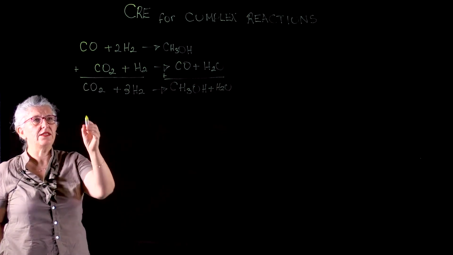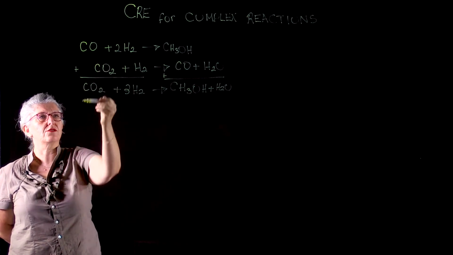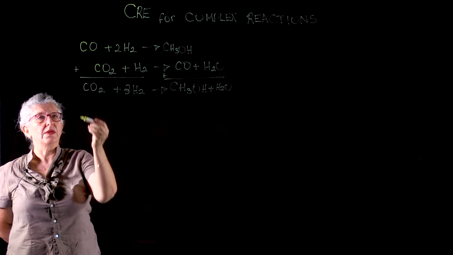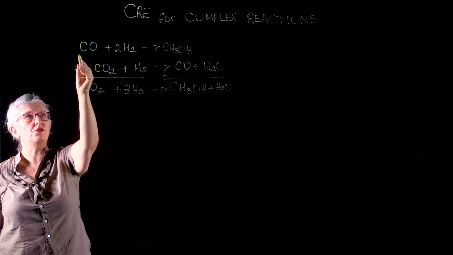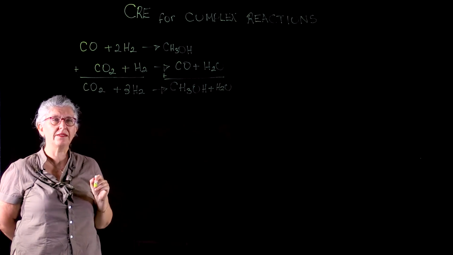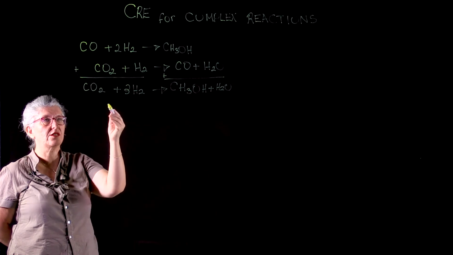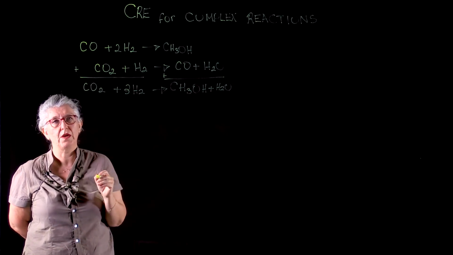Now you see, I generated the third reaction by adding the first two reactions together. So in a reaction network, only two of those three are independent. The third one is obtained either through addition or subtraction of the two of them.